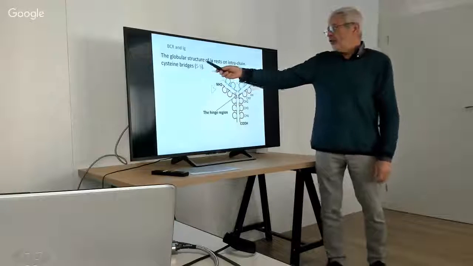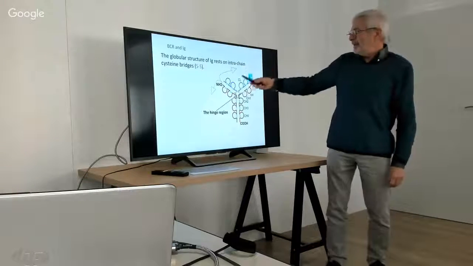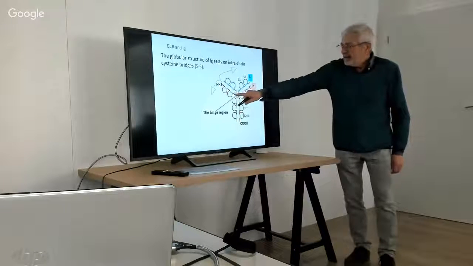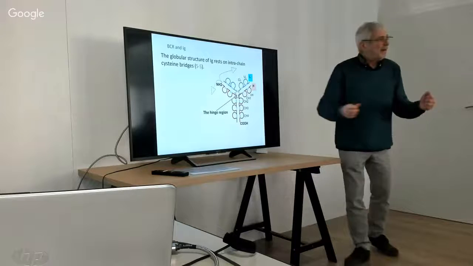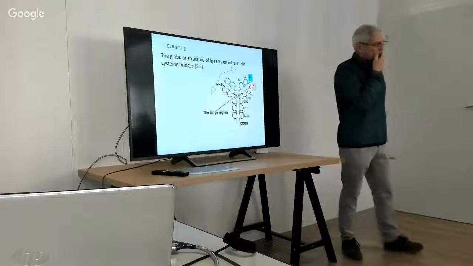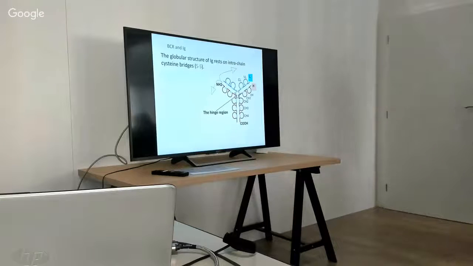The globular structure of immunoglobulin rests on intrachain cysteine bridges here and interchain bridges which connect the various heavy and light chains. The heavy and light chains are linked by interchain disulfide bridges, cysteine.